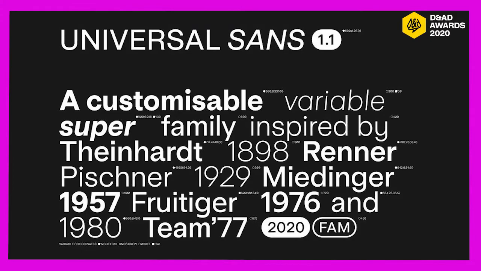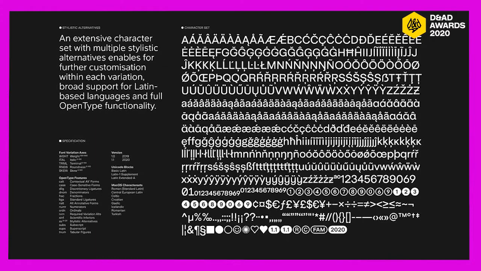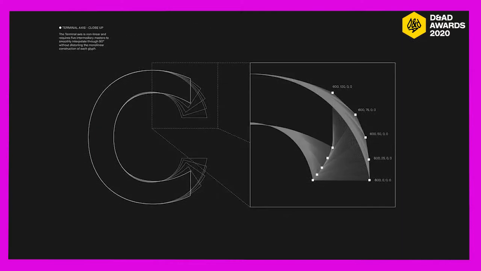So Universal Sans is a typeface that's highly variable and customizable. The idea was really to create a typeface that designers would have more control over, and they could customize it so they could use it in different projects and it would be bespoke to that project.